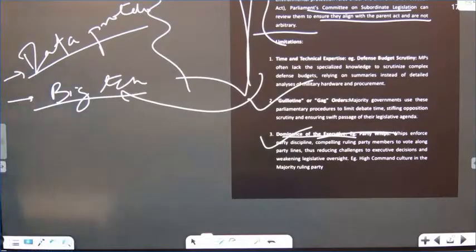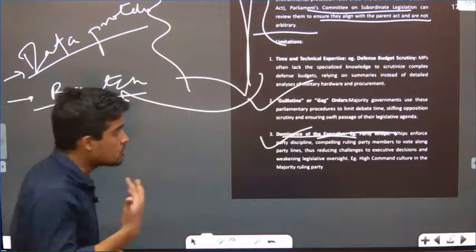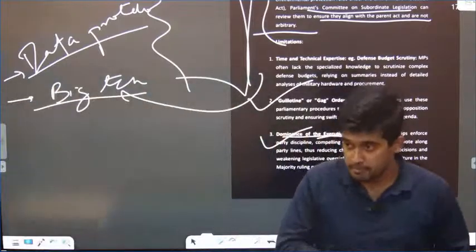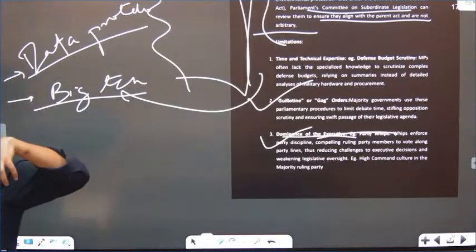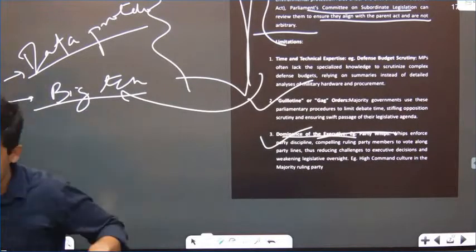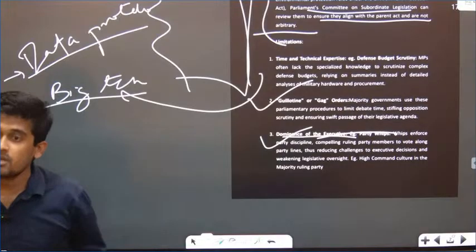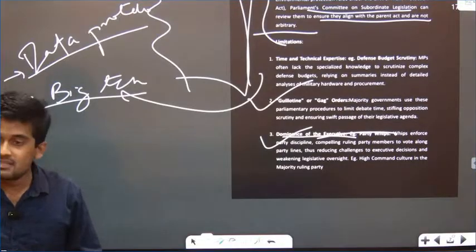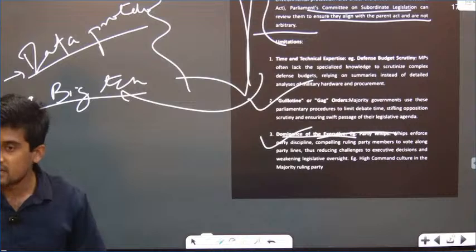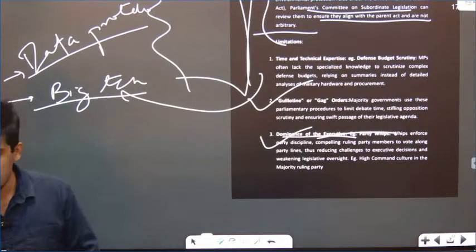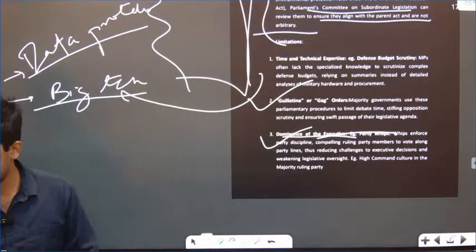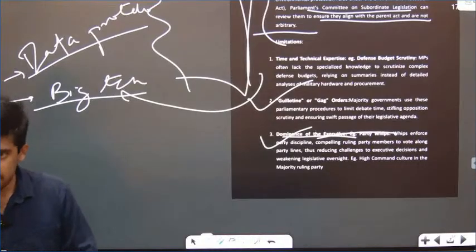They'll follow whatever the party high command is saying. So this is also a problem. Okay? So executive, who are the ruling political, the cabinet ministers, those are also party high command, right? So if the cabinet ministers are saying these are the problems and we need to pass this particular thing, they usually pass it without question. This happens in real life.